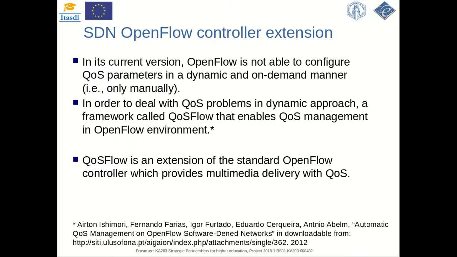But in order to deal with quality of service problems in dynamic approaches, a framework called QoS Flow, which enables quality of service management and provisioning in SDN networks, is proposed by the authors in this paper.